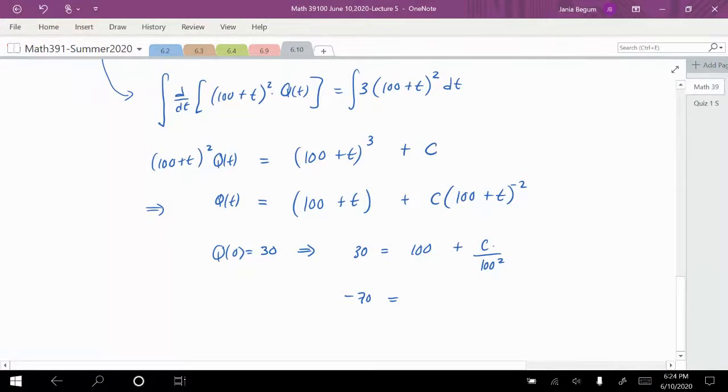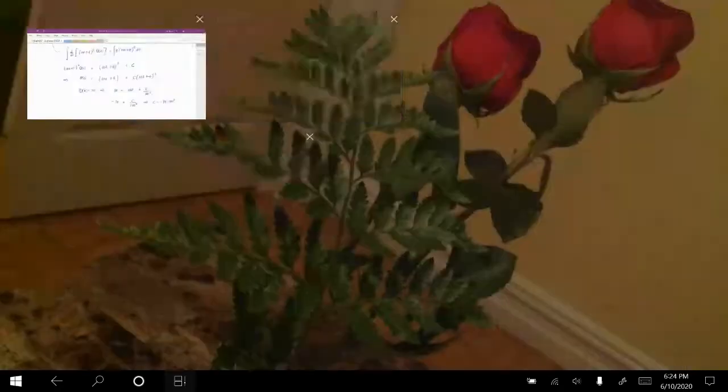If I subtract 100 from both sides, I have negative 70 is equal to C over 100 squared. So that means C is equal to negative 70 times 100 squared. And of course, you can simplify that.